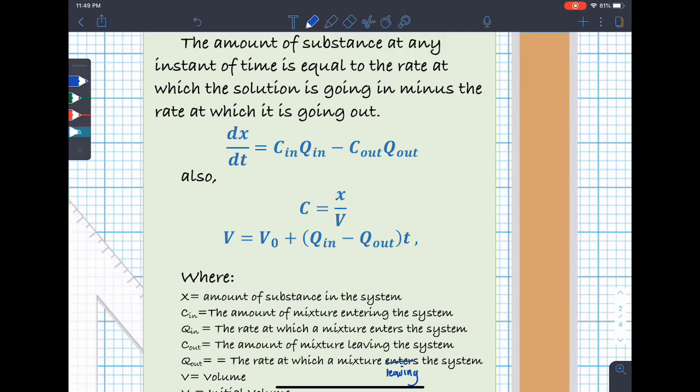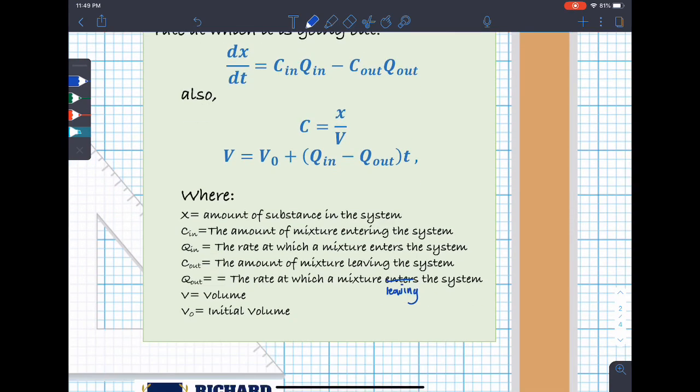In this differential equation, we can resolve it by knowing the concentration that is going into the mixture. The concentration is usually expressed as a mass unit with respect to the volume, the amount of the substance per unit volume.